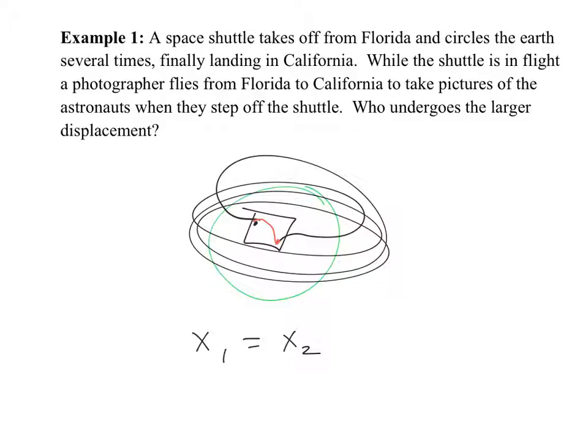So here's a follow-up question to really make you think outside the box. What statement can I make about the comparison between displacement and distance? Which will be bigger than the other most of the time? Are you going to have a bigger distance or displacement on most paths that you take? And I say most for a reason.